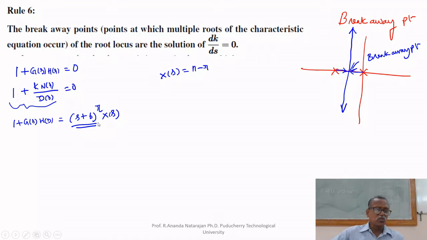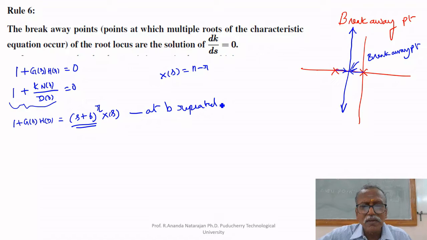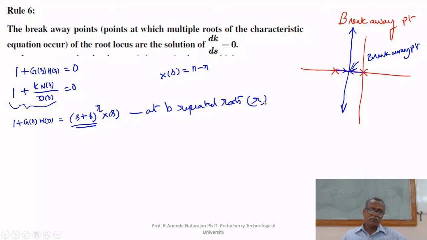So there are r repeated roots at B. This characteristic polynomial has r repeated roots at B.